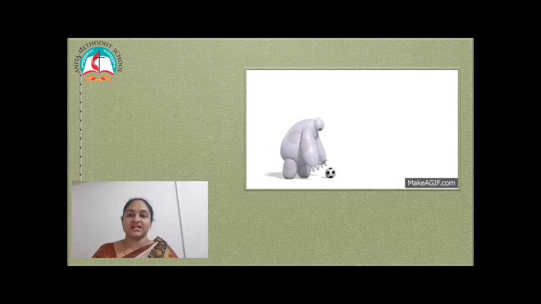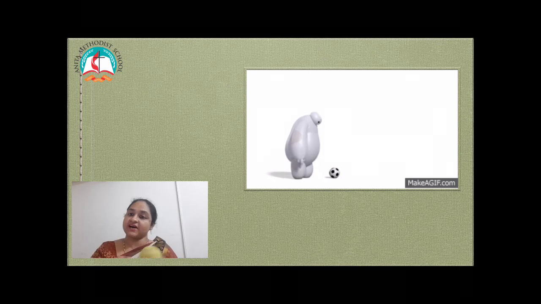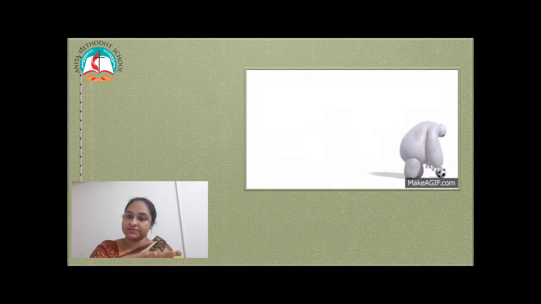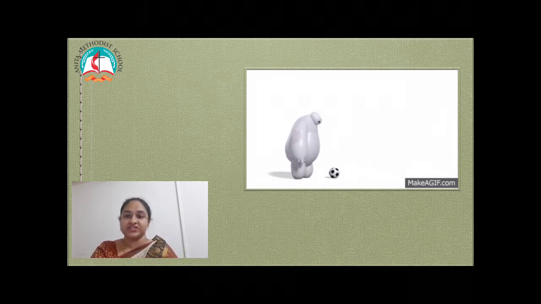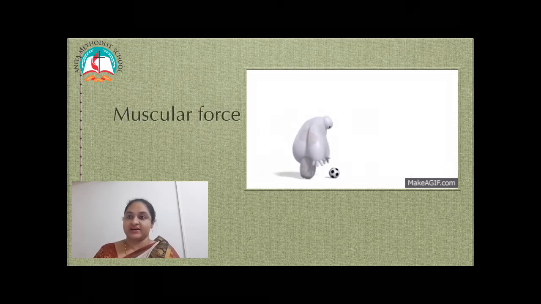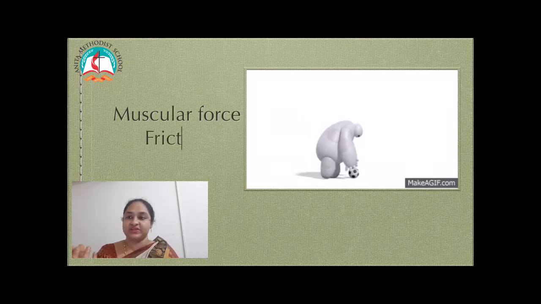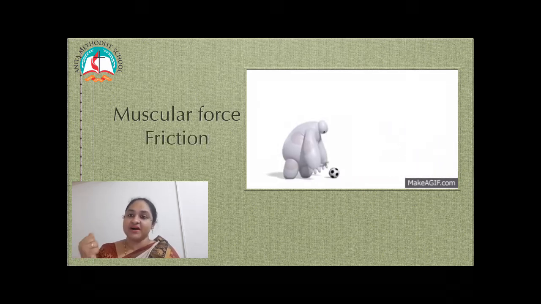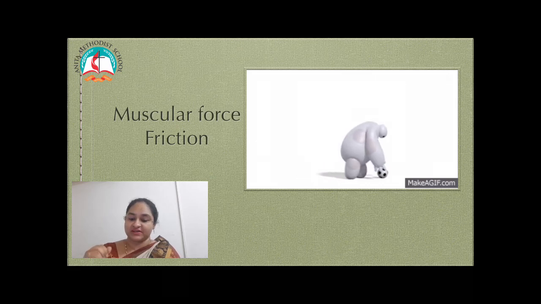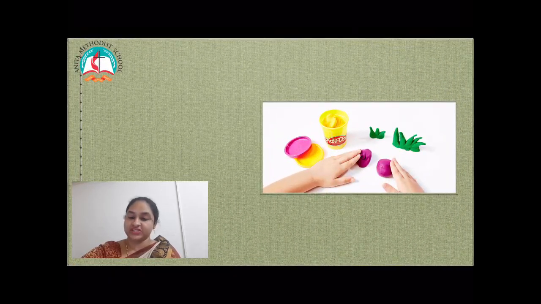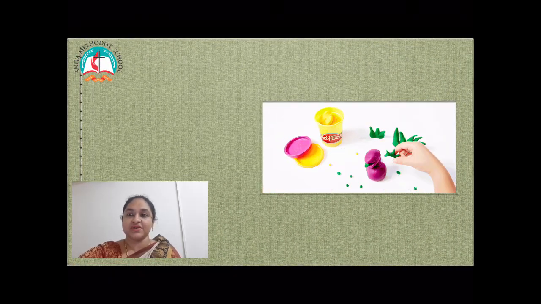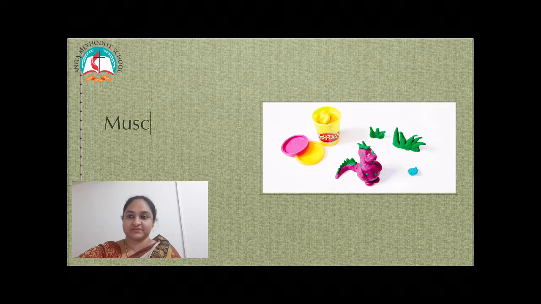The ball starts moving due to muscular force, and after some time it stops moving due to frictional force. Then you can take Play-Doh. You can mold it into different shapes with the muscular force. The Play-Doh changes shape due to muscular force.